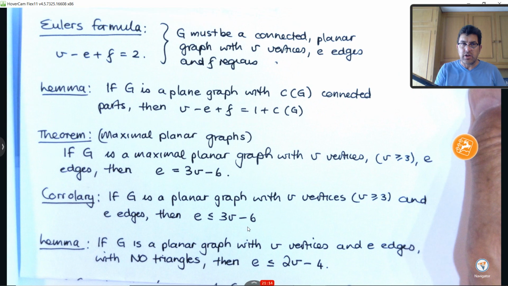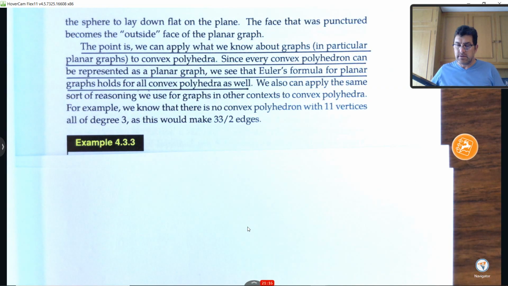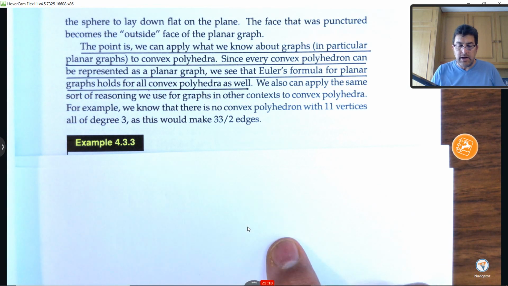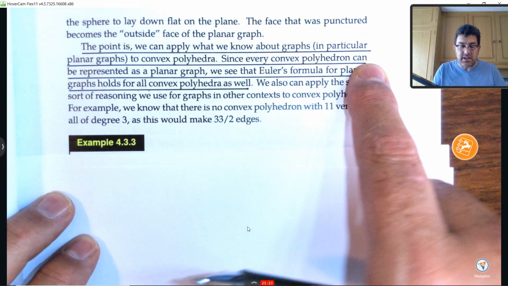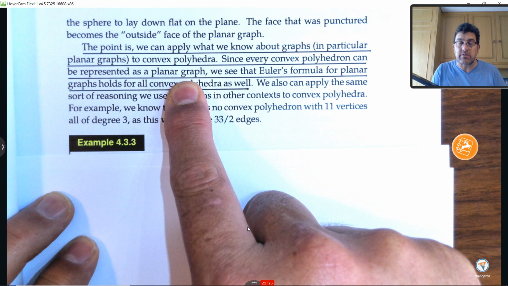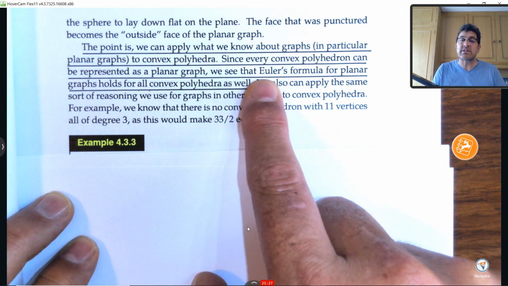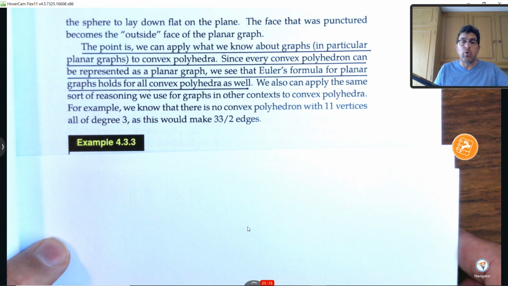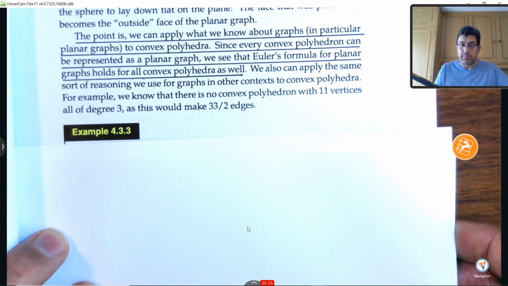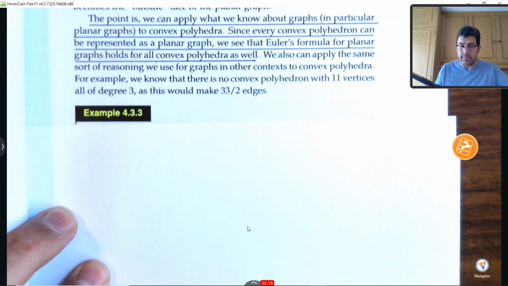There we go. We can apply this to convex polyhedra. Since every convex polyhedron can be represented by a planar graph, we see that Euler's formula for planar graphs holds for all convex polyhedra as well.